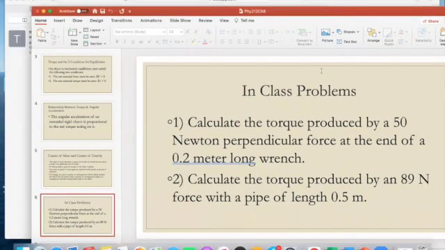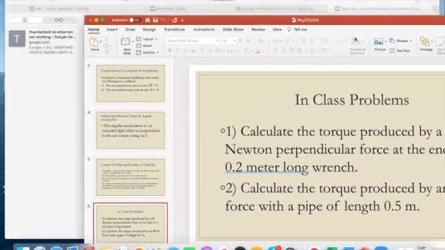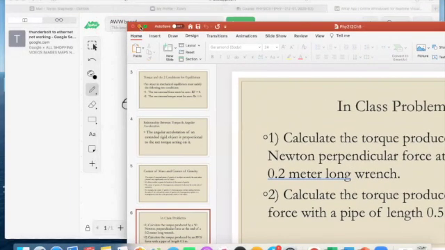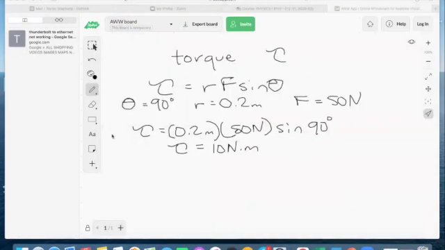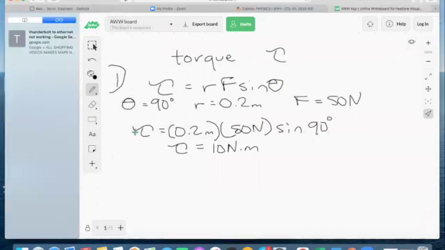It says calculate the torque produced by an 89 Newton force with a pipe length of 0.5 meters. Here we're not given an angle. So for number 2, torque is just going to be equal to the length of the wrench times the force.